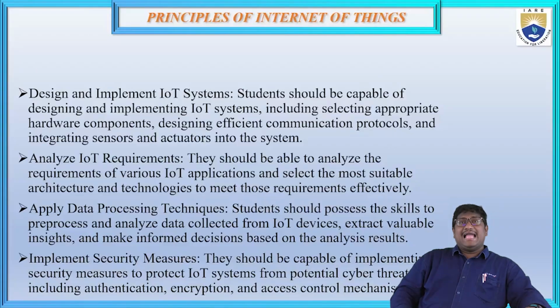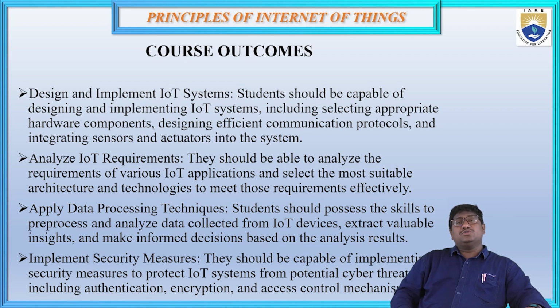And what are the course outcomes after learning this course? After successful completion of the course, the student is able to design and implement different kinds of IoT systems, including appropriate hardware components, designing efficient communication protocols and integrating sensors and actuators into the system.